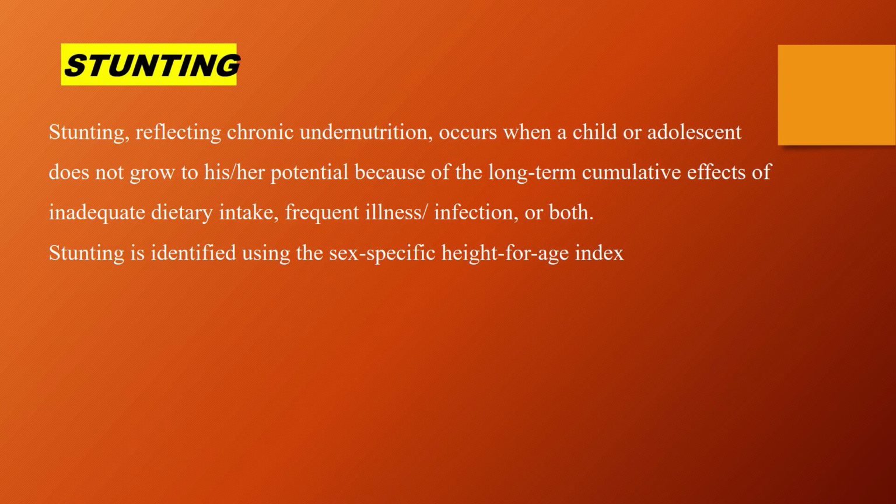When you say that a child or an adolescent has stunted growth, or is under the category of stunting, you find that he or she has not grown in height as compared to the age. This is very important. Stunting reflects chronic malnutrition. It occurs when a child or adolescent does not grow to his or her potential.